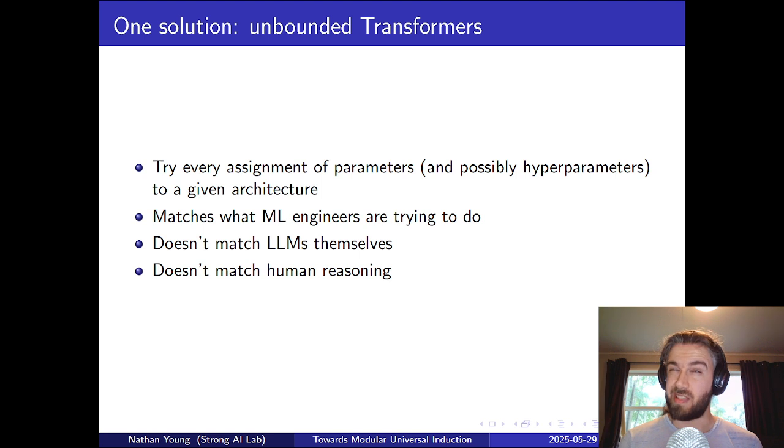I don't think it's a great match for modeling how large language models reason, and it's also not a great match for human reasoning. It's only really a match for trying to find a good assignment of weights to a transformer, obviously, which is more akin to finding a universal Turing machine than actually performing Solomonoff induction itself.